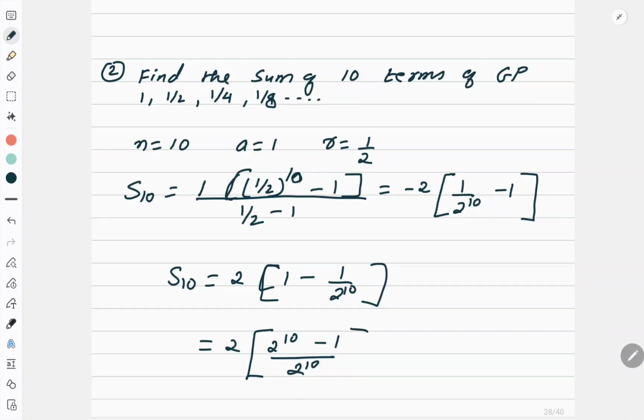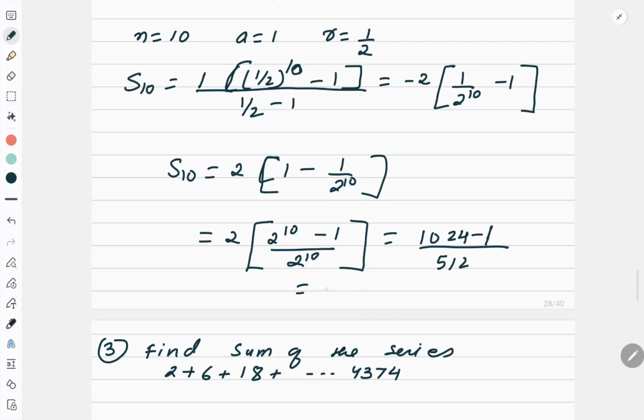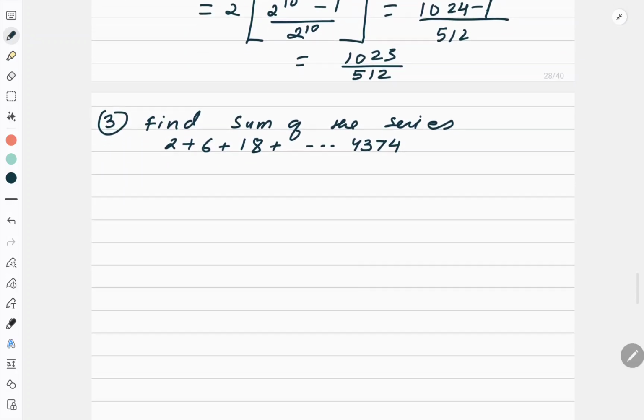So you can solve it. So 2 to the power 10 is 1024 minus 1. Upon this 2 and this I can cancel. So what will be the answer? Answer will be 1023 upon 512. Now let's move to the next question.